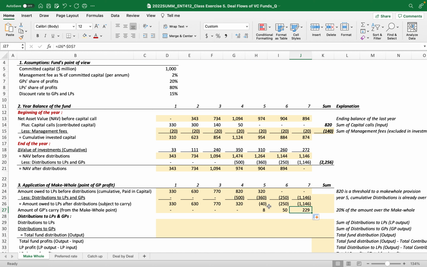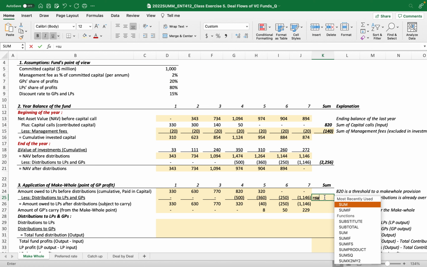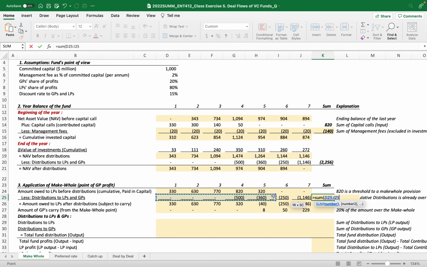The rest amount after all this 820 sum of capital calls recovered, and then the rest of the amount from year 5, now they receive 20% from the amount in excess of 820. You guys understand, right? So let's just sum this up.